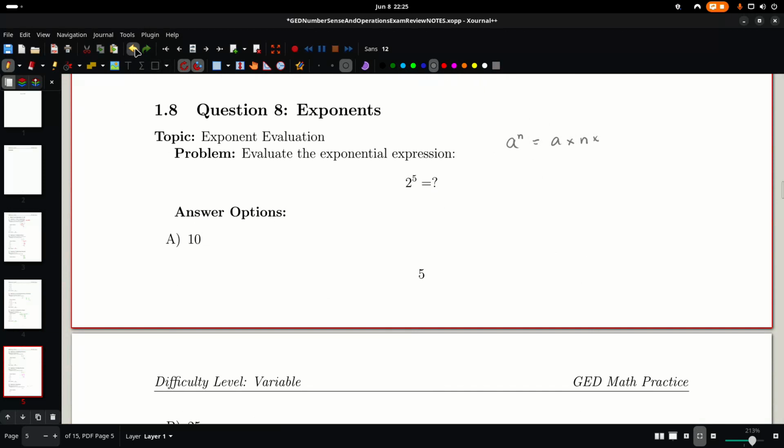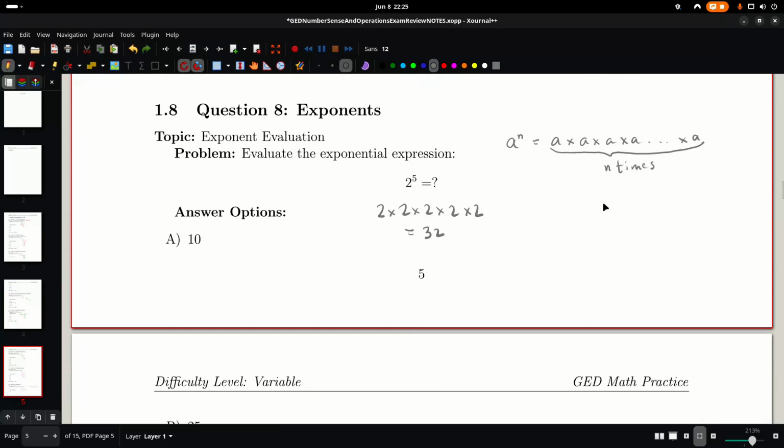So it's a times a times a times a times a, and the number of times that we're multiplying it by itself is n times. So in this case, we've got 2 raised to the power 5, so it's 2 times 2 times 2 times 2 times 2. So we're multiplying 2 by itself 5 times, which gives us 32.